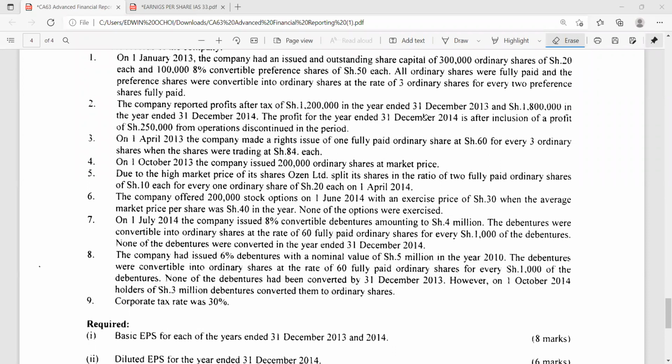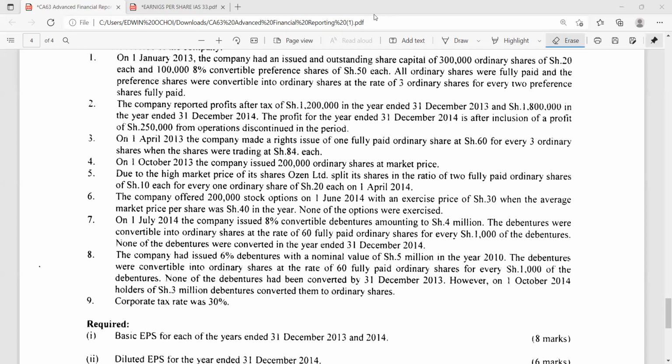You need to understand that a right issue is whereby the entity is giving out shares to the shareholders who are existing in the entity at a price which is lower than the market price. Here 84 is the market price, and the entity is giving out shares at 60, which is lower than the 84.